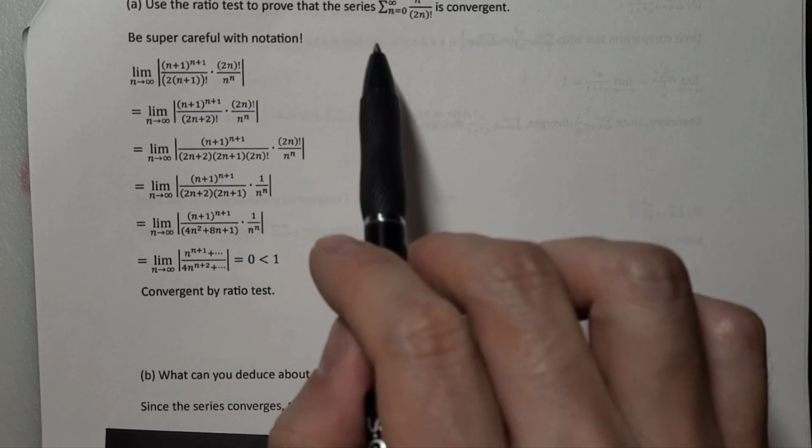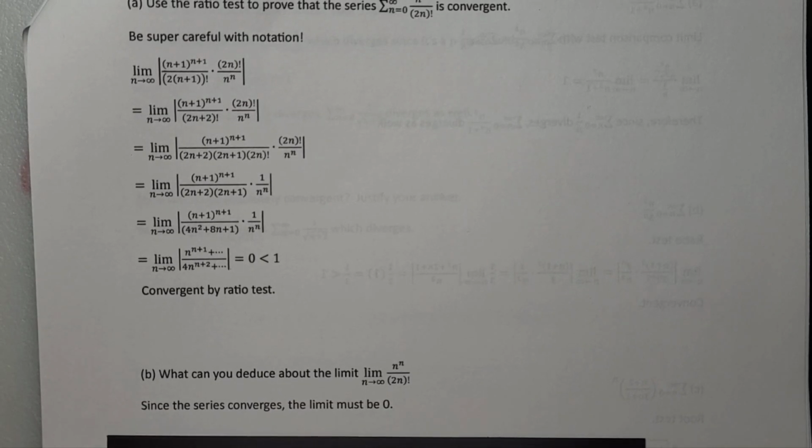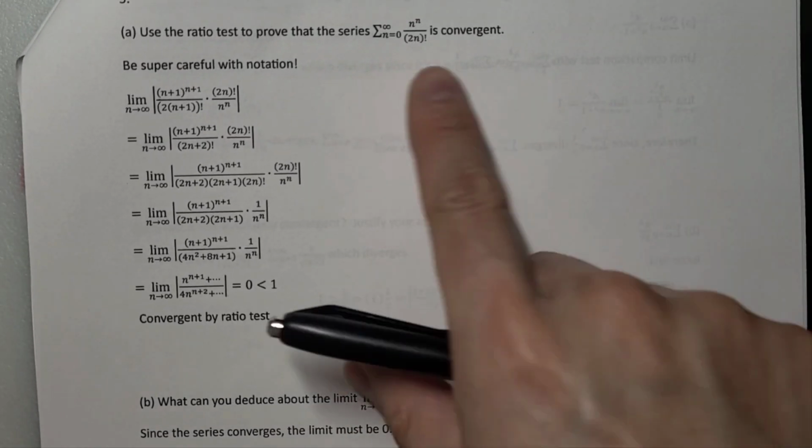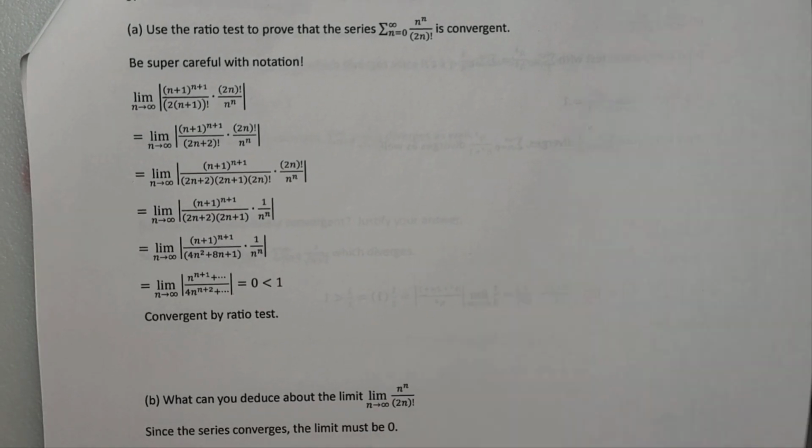So that cannot be the case. But if this limit equals 0, then there's a chance for the series to converge, and it does converge by the ratio test. So whenever the series converges, the limit of the sequence must be 0.